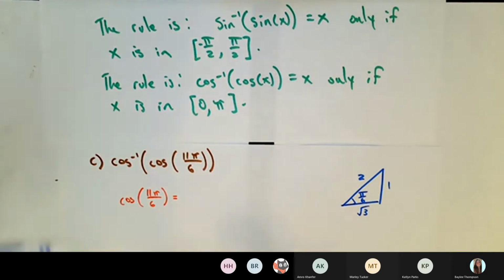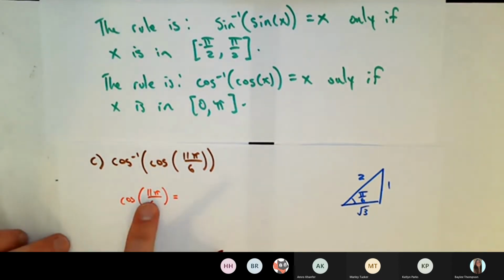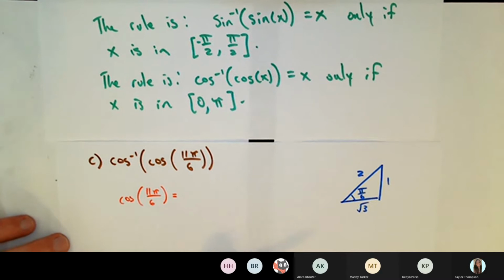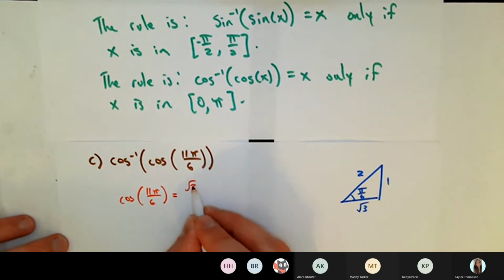And I know it's positive because 11 pi on 6 is in the fourth quadrant where x is positive. You can just look at a unit circle, find this angle, look at the x value. You're going to get square root of 3 over 2.